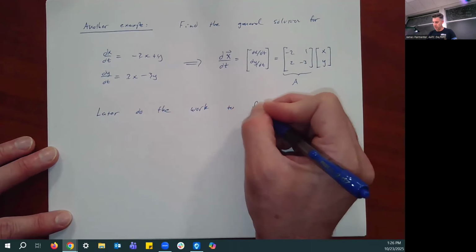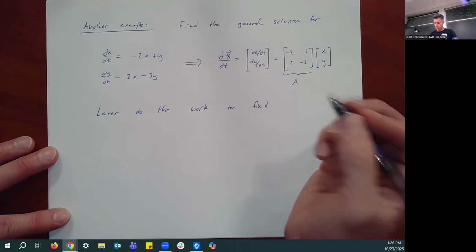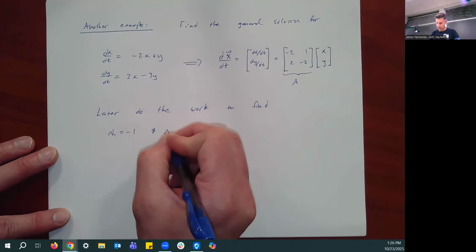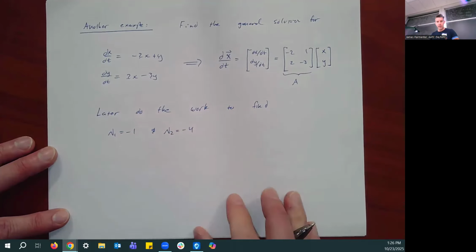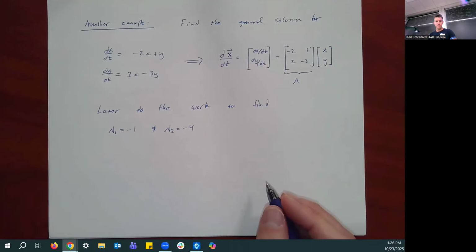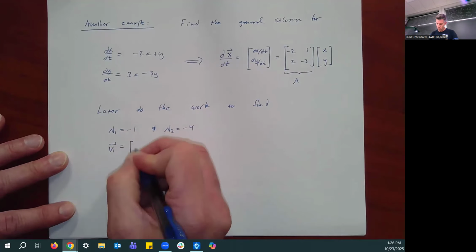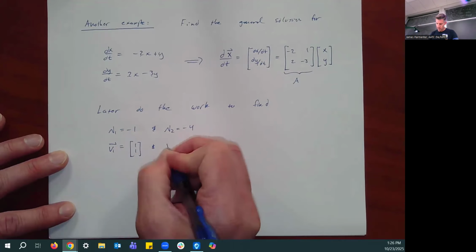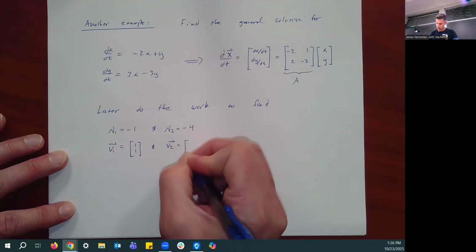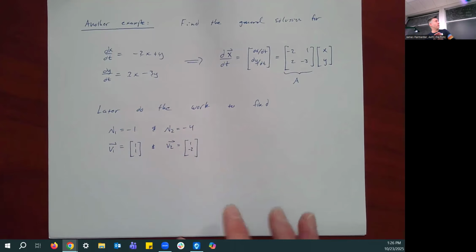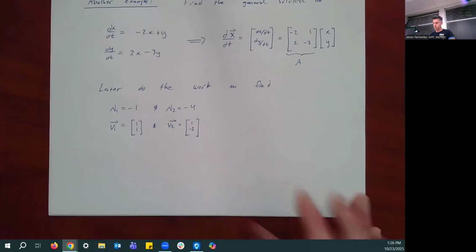The eigenvalues are equal to -1 and -4, and the eigenvectors are equal to 1, 1, and 1, -2. Again, I really think you would all be well served doing that on your own.